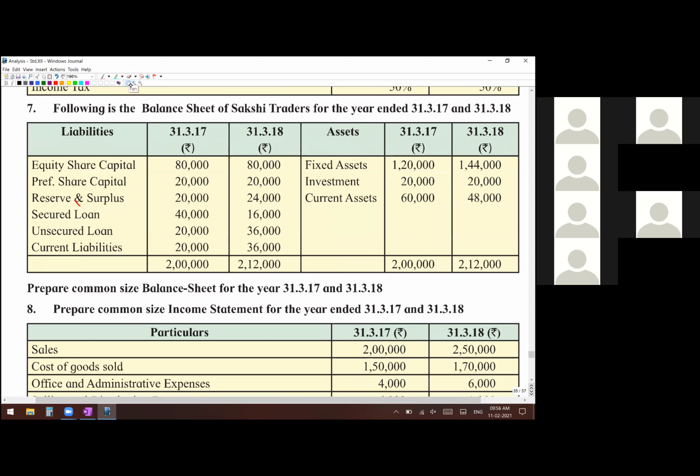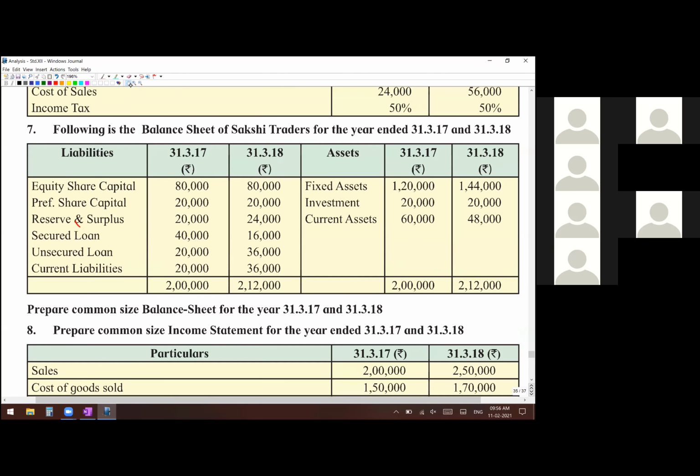Question number 7 you come to. If you look at the last line, same question is given there. Prepare common size balance sheet, but for 2 years, 31st March 17 and 31st March 2018. Read first and then we will prepare.